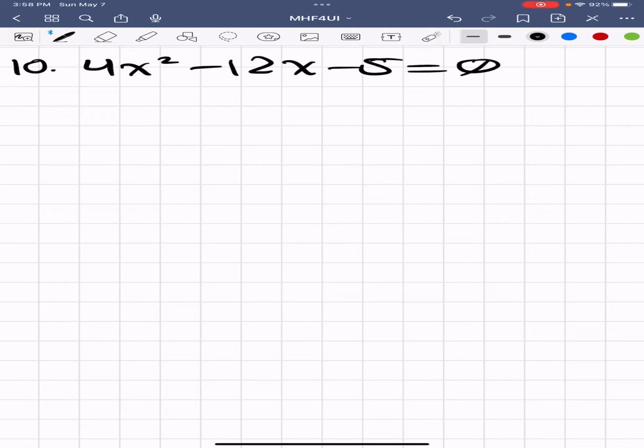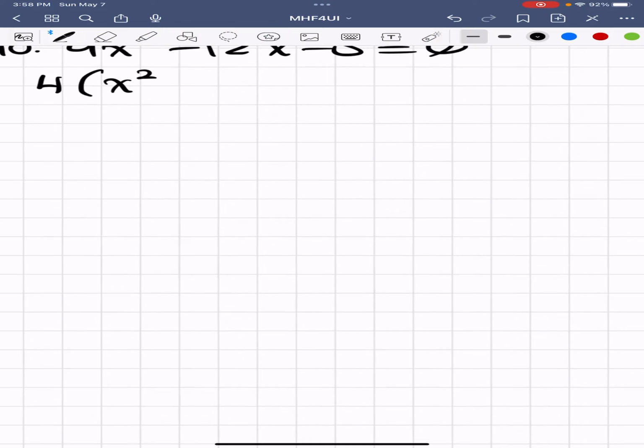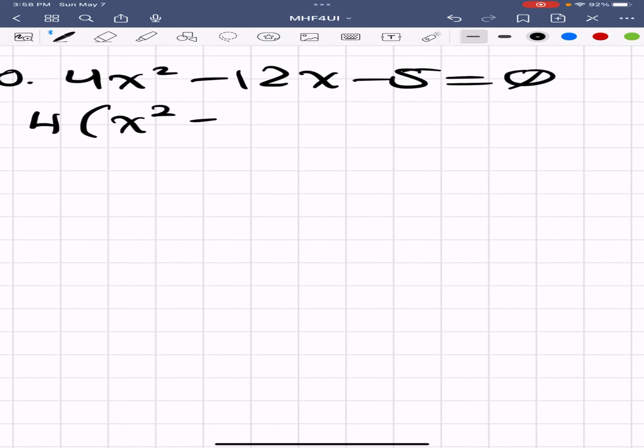Okay, now we're on to the next question. So we need to get rid of this coefficient right here. So we're going to factor everything out. We're going to factor a 4 out of the expression. And we're going to leave that out.